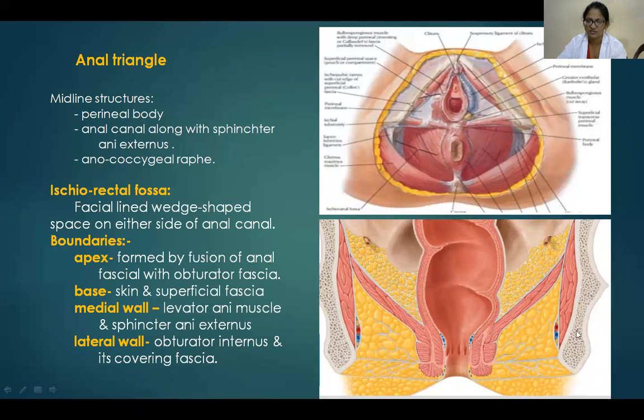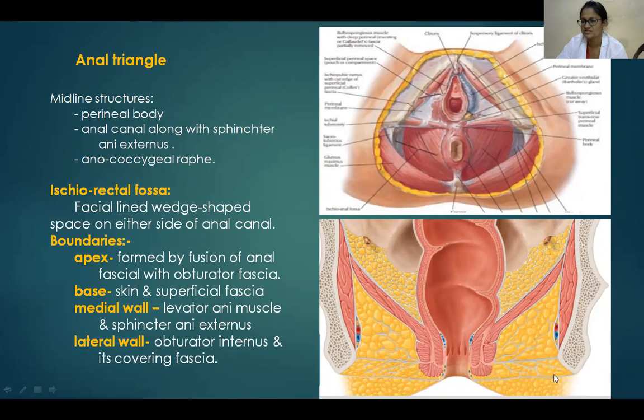These are the boundaries of the ischiorectal fossa. It is a wedge-shaped fascial lined space. Its apex is directed above and its base is directed below. The apex is formed by the meeting point of the levator ani fascia and the obturator internus fascia.